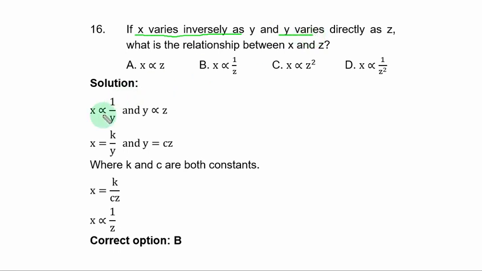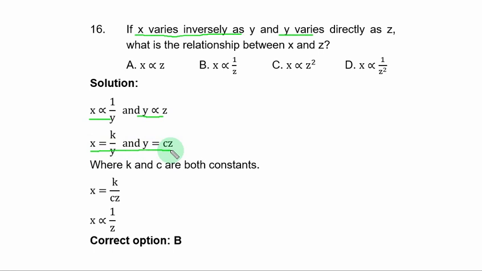Solution. From the first statement, S varies inversely as Y is this, and Y varies directly as Z is this. What we do is that we replace the symbol of variation with equality sign and introduce the constant of variation. This is what you have here, where K and C are both constants.